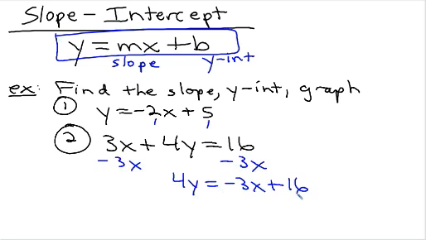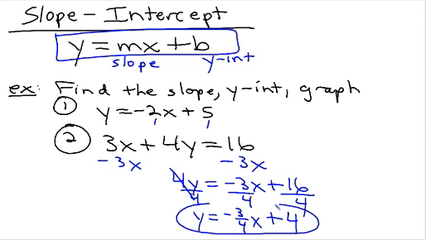And then I need to divide both sides by 4. Make sure you divide all the terms by 4. And now I have it in slope-intercept form. Y equals negative 3/4 x plus 4.